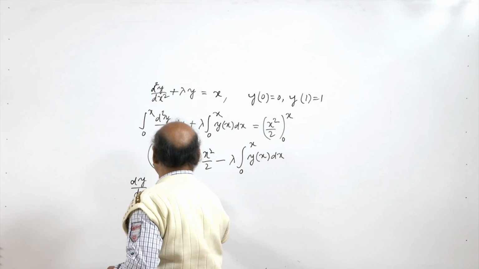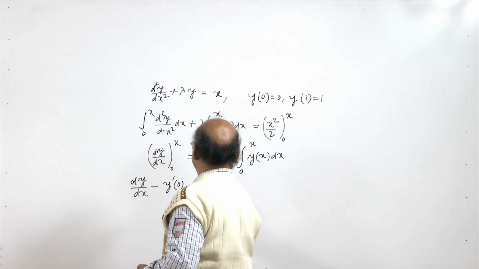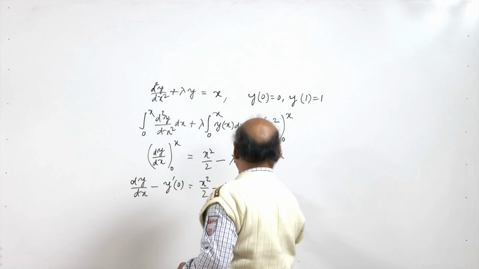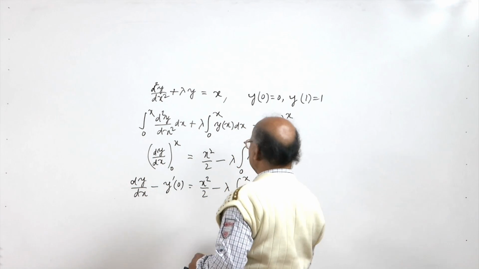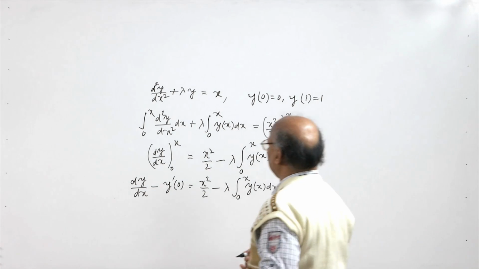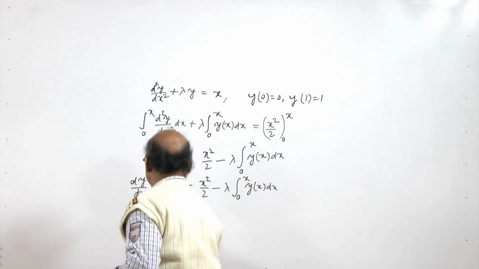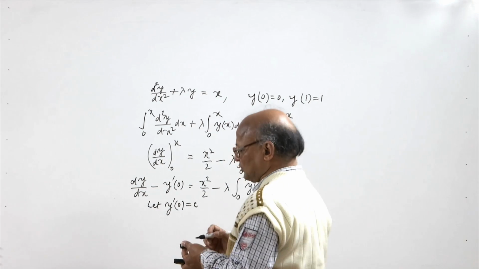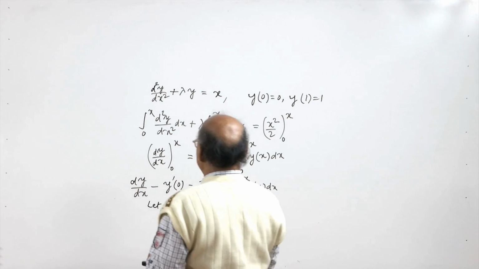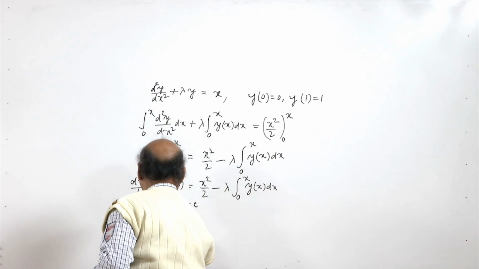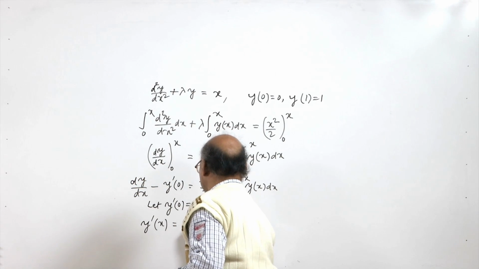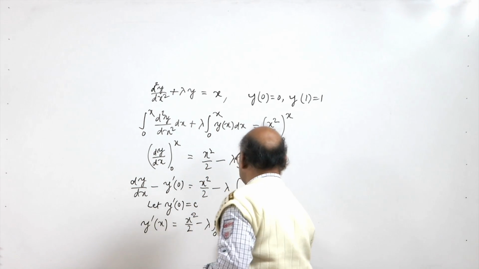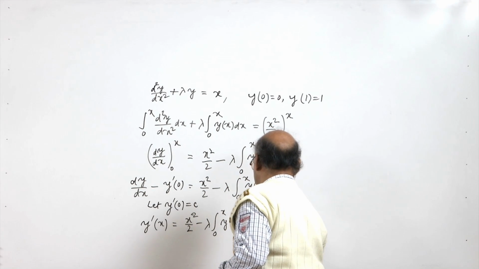So dy/dx at 0 we can write as y prime 0, and this is x squared by 2 minus lambda integral 0 to x y(x) dx. Now we are not given the value of y prime 0, so we can assume it to be some constant. We can take it as c. So let us take y prime 0 equal to c. Then we can write y prime x equal to x squared by 2 minus lambda integral 0 to x y(x) dx plus c.